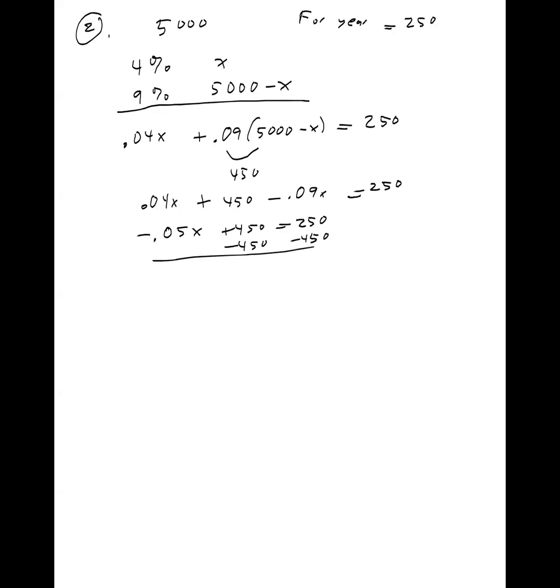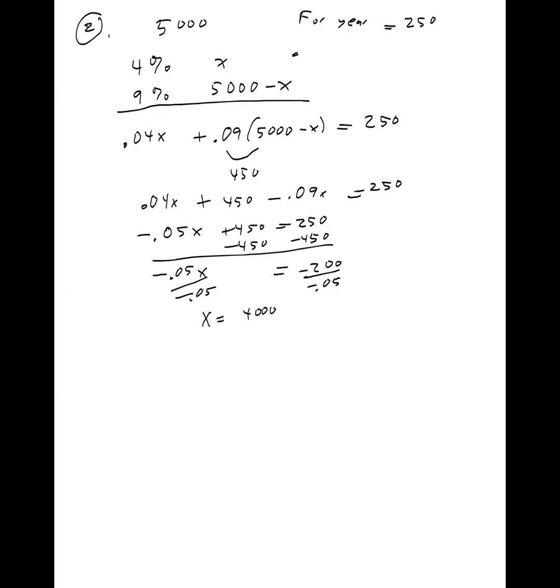Keep the x. 250 minus 450 is negative 200. Divide both sides by negative 0.05, and you'll end up with, let's see, 4,000, I believe. So x equals 4,000.